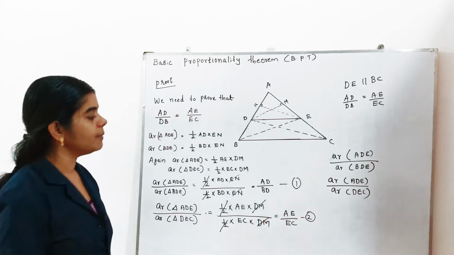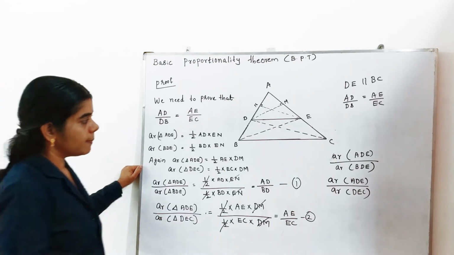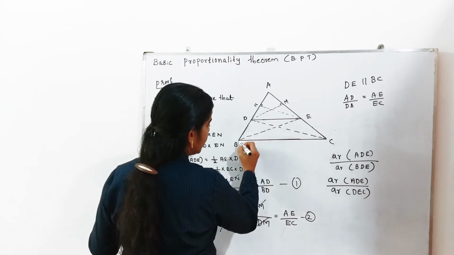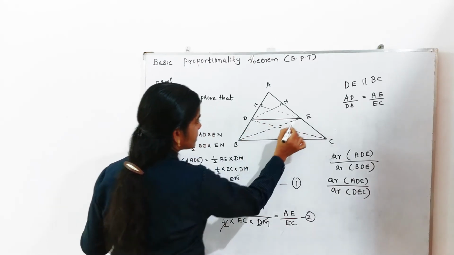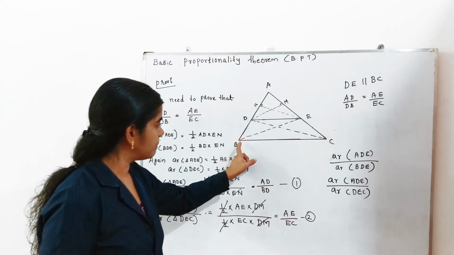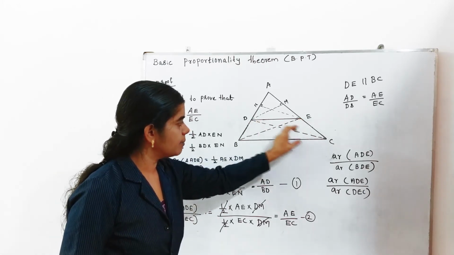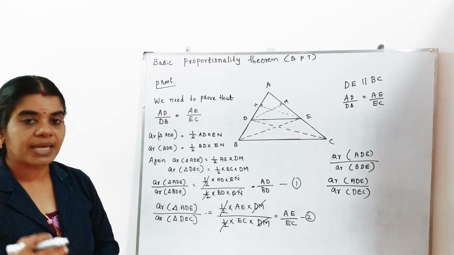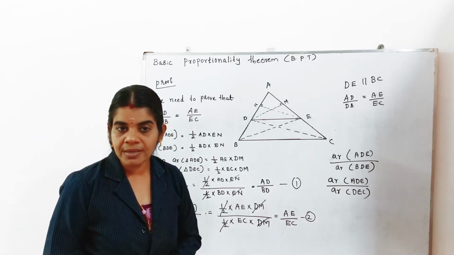Then we can think about the denominator of those two equations' left sides. What about the triangles BDE and DEC? BDE and DEC are on the same base DE and between the same parallels, so their areas also will be equal.